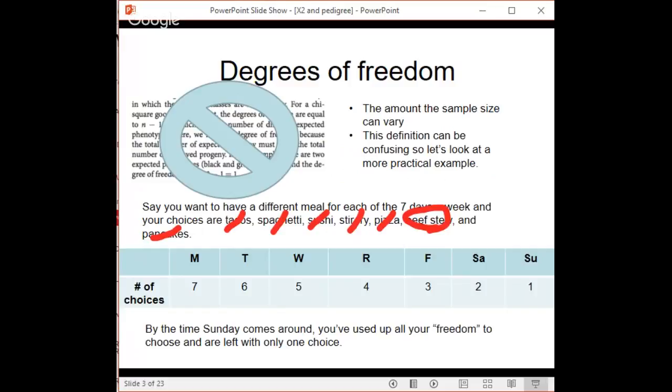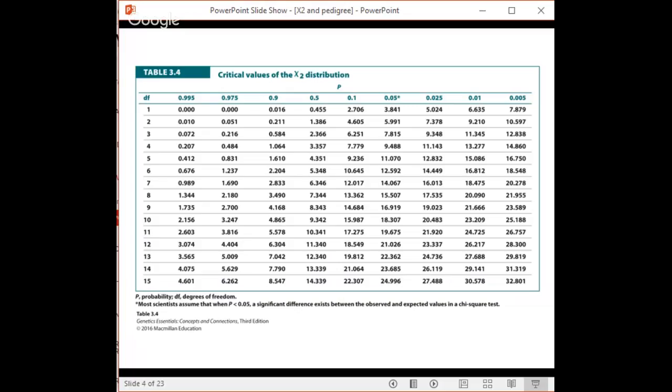So basically, your degrees of freedom is always going to be the number of choices you have, or in genetics, the number of phenotypes that are presenting, minus 1. So in this example, we have 7 choices, minus 1 equals 6. So 6 is our degrees of freedom in this example. Now, to use your degrees of freedom and your critical values of the chi-square, start with your degrees of freedom.